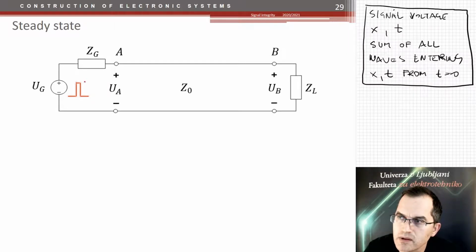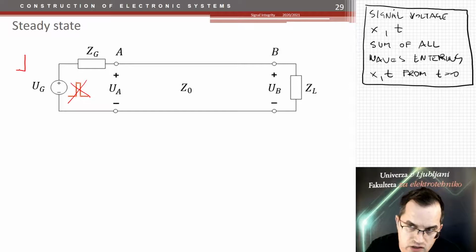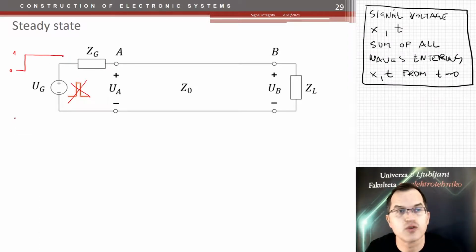So, for example, let's not now take the generator which has a very short pulse, which would mean at the end, of course, the voltage would be zero again. Let's just take the generator which actually changes the voltage between logic 0 and logic 1, and then we have a stable logic 1. So just a unit step source.